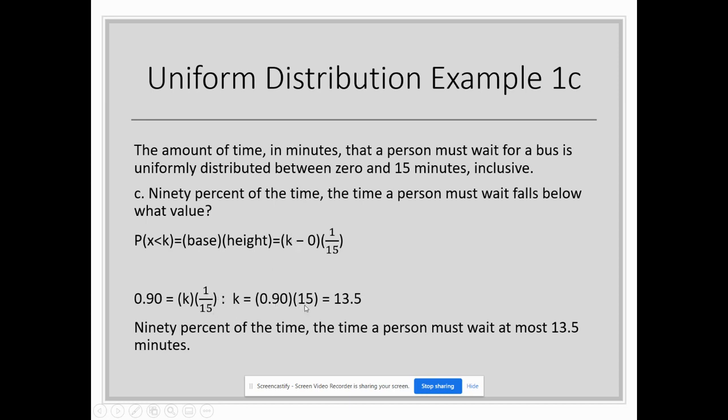If I take the 15 to the other side, I get 0.90 times 15 equals 13.5. 90% of the time, the person must wait at most 13.5 minutes. That's how you do that one. Why? Because I didn't know what this K was, because I wanted to know how much time it will be for 90% of the time.